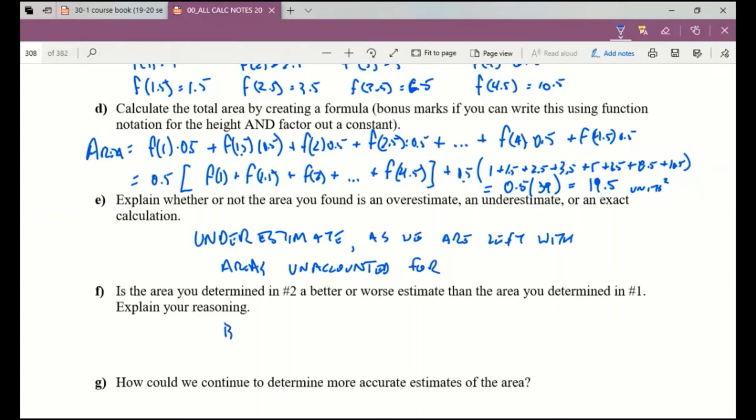We have a better estimate than we did in part 1. We have a better estimate now. We have smaller areas unaccounted for.